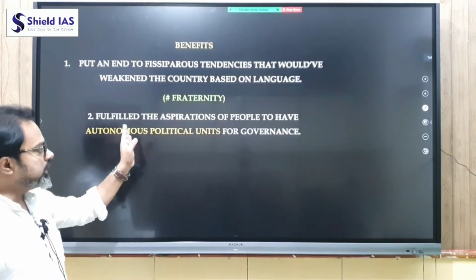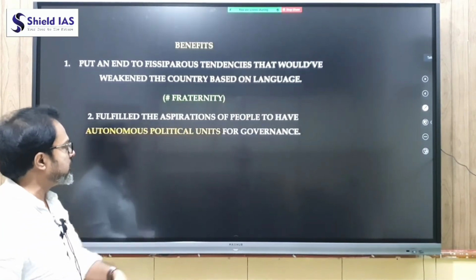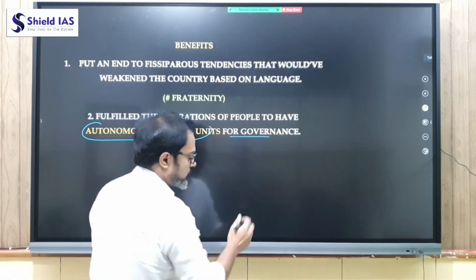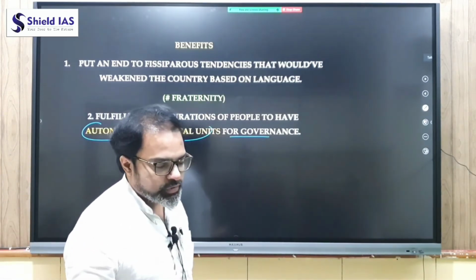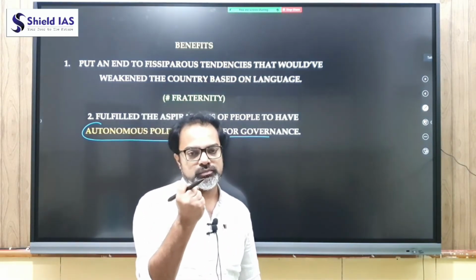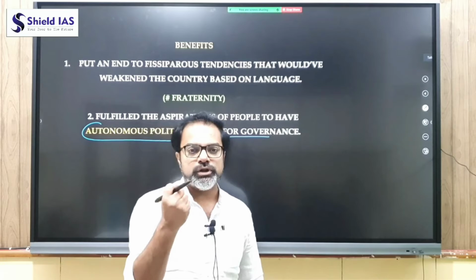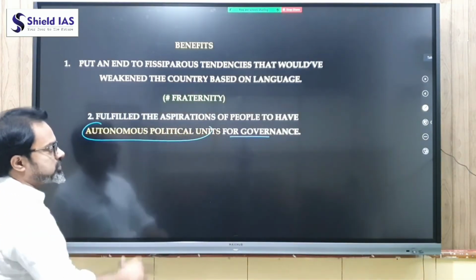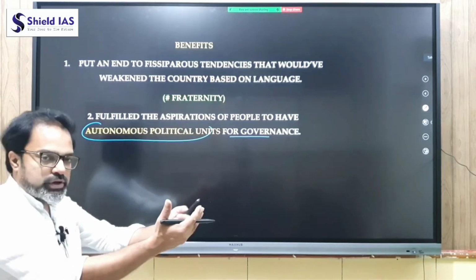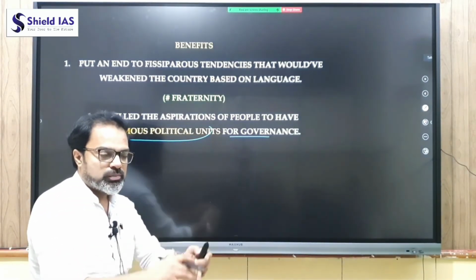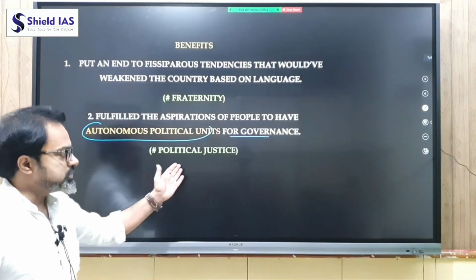Now we fulfilled the aspirations of the people to have their autonomous political units for governance. On the basis of languages, when we created states, we created their own area of domination, where they were responsible for their development. Hence we fulfilled the aspirations. We brought political empowerment of various regions in the country, so we brought political justice.